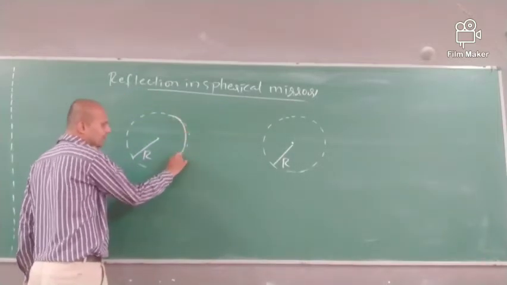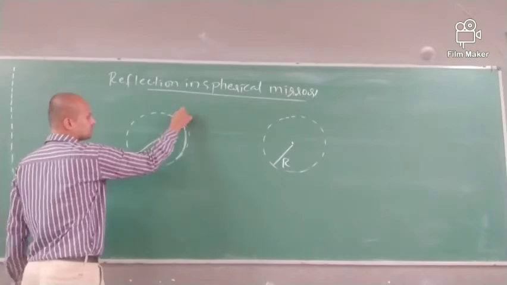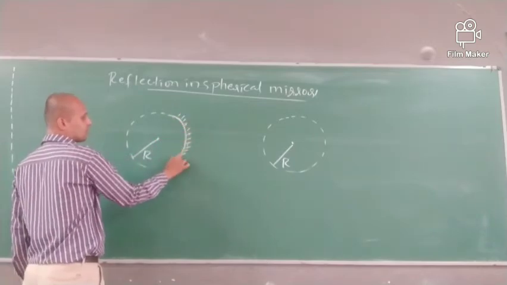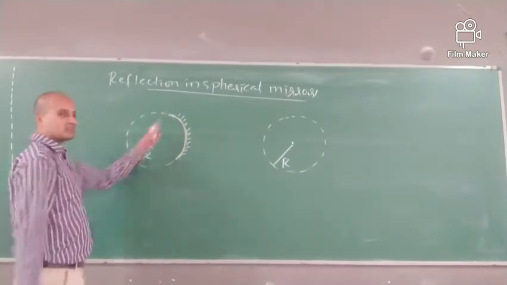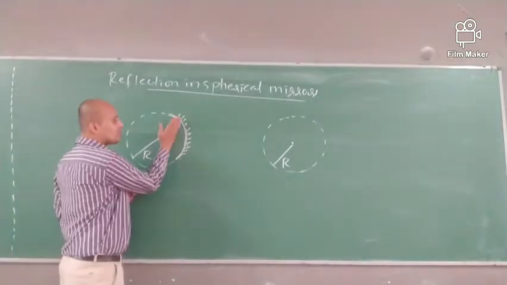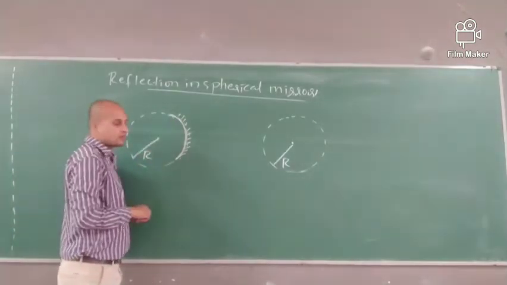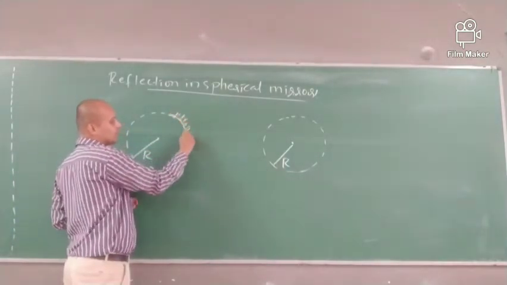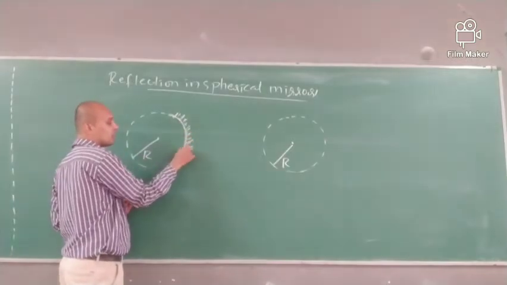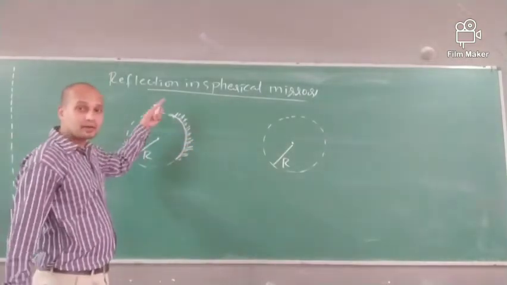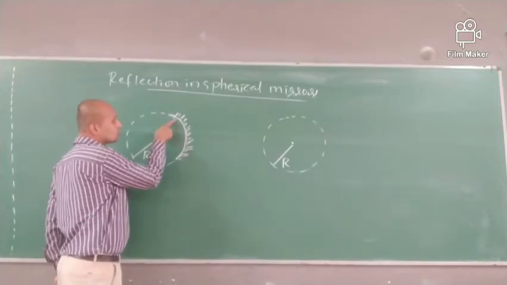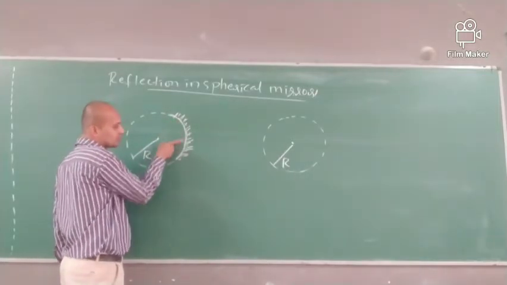If I take one aperture of this circle such that I polish inside this sphere, the silver coating will be on the backside. So this part will be polished inside.